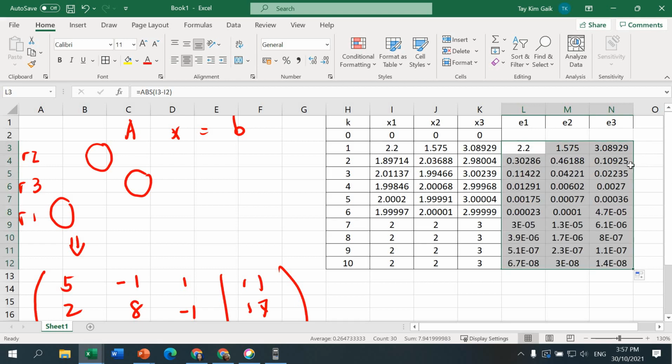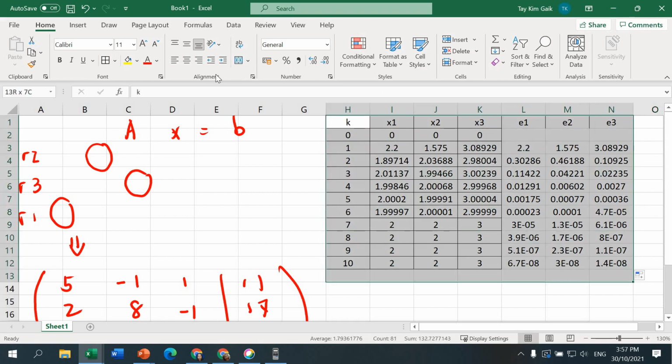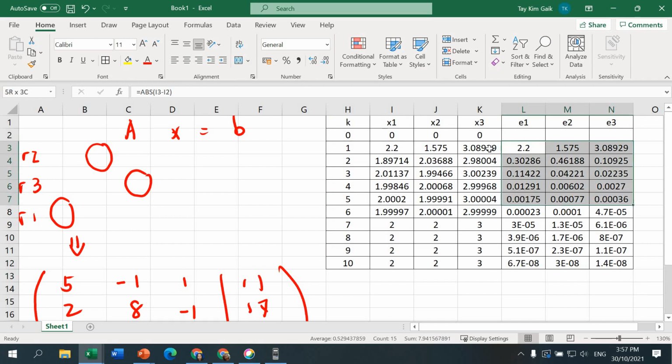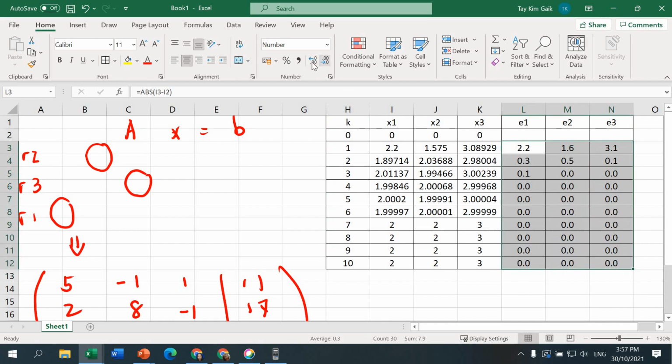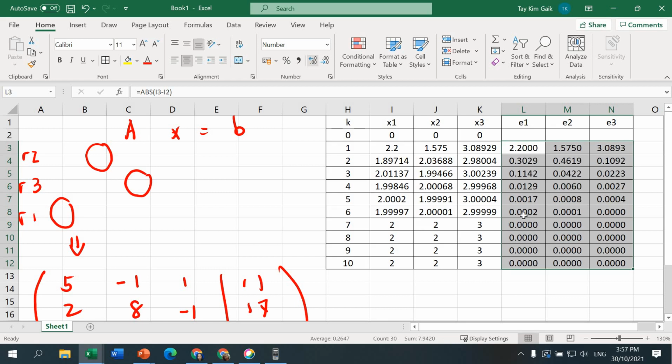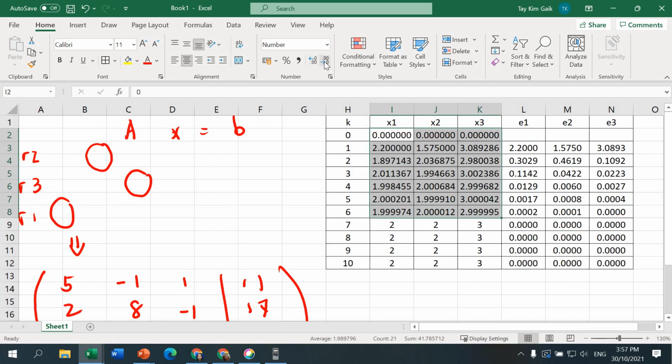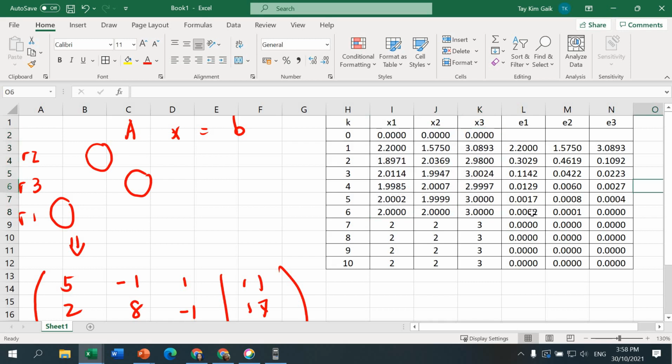Here I didn't round. It is better to round, so I just reduce the decimals. This one is not rounded, it only displays up to 4 decimal places for display purposes.